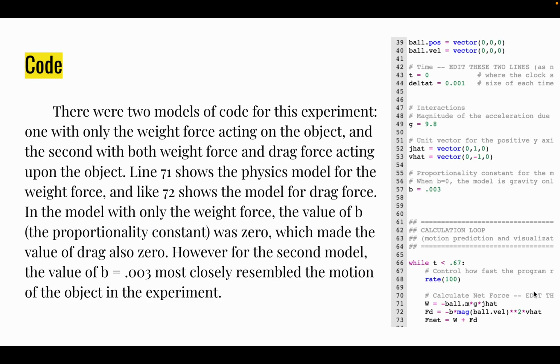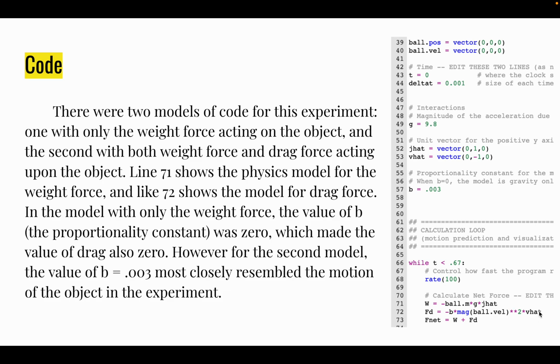There were two models of code for this experiment, one with only the weight force acting on the object, and the second with both the weight force and the drag force acting on the object. Line 71 here shows the physics model for the weight force, which is W equals, in this case, negative ball dot m, which is the mass of the ball, times g times j hat, which was the vector of the motion.